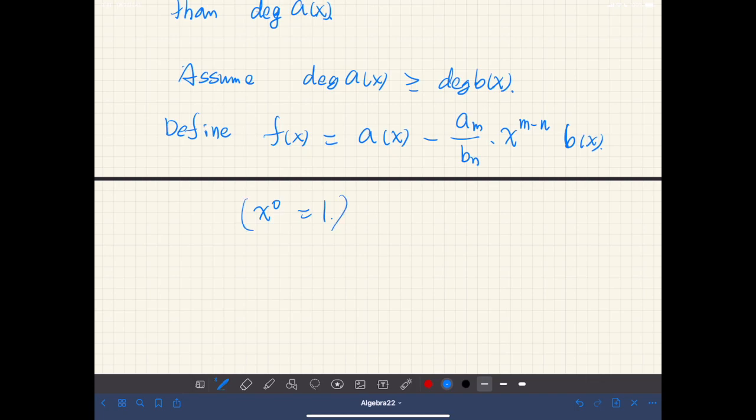So the degree of b of x is n, and the degree of a of x is m.